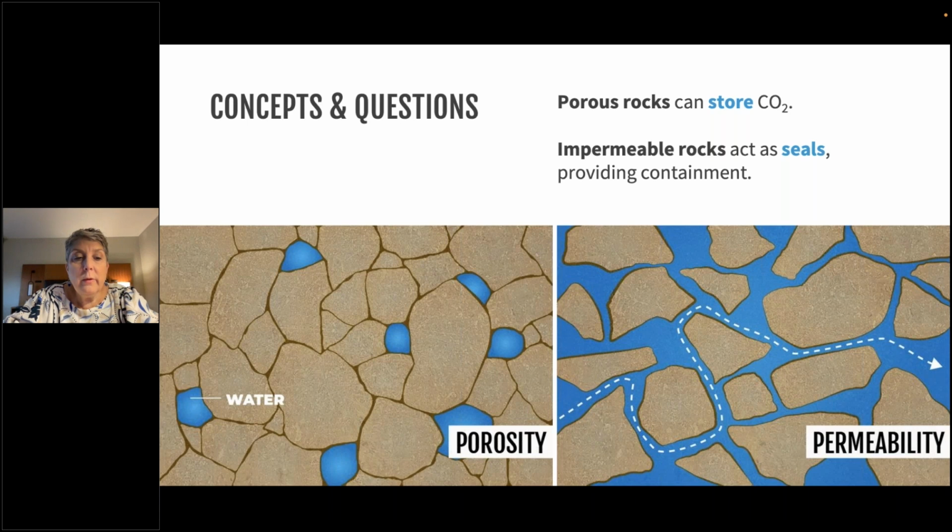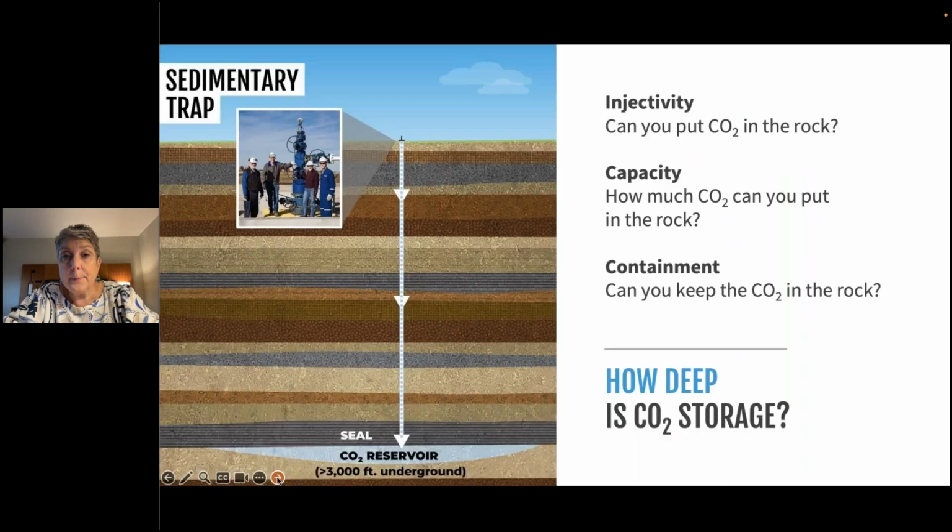You want those two properties because you want to be able to store the carbon dioxide in the rock in those pore spaces where you are injecting it. So what we look for when we are doing characterization of a location for the carbon storage is a package of rocks.